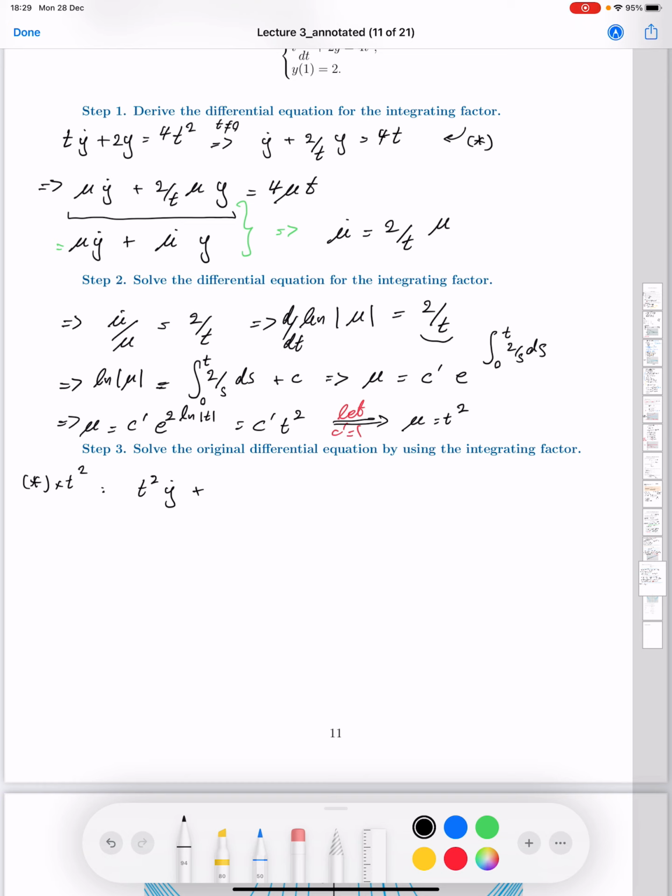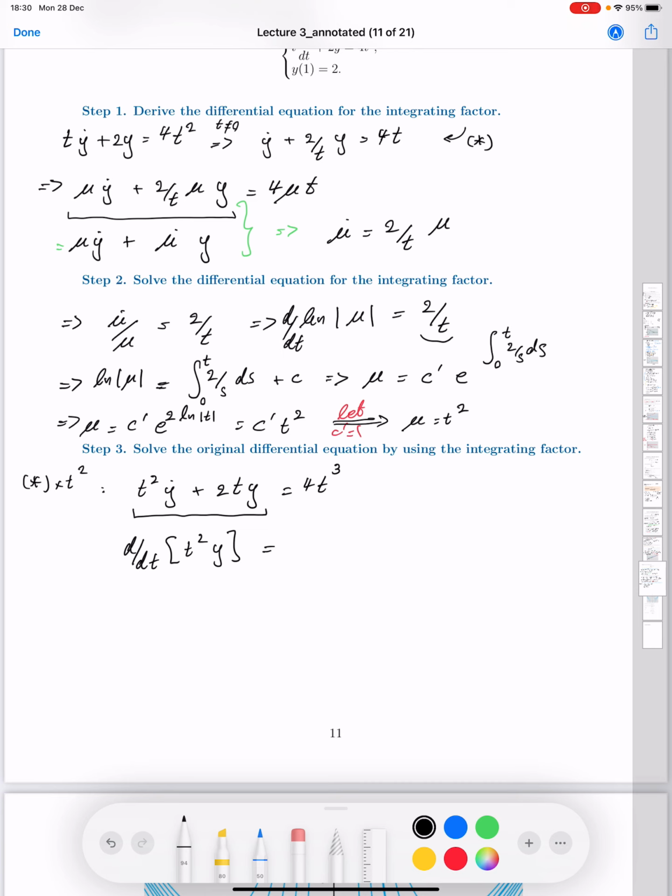The t squared and the 1 over t cancel out with this 2 divided by t, so I will just have 2 times t times y. It's nice to not have that 1 over t and have to deal with all those divisions by zero, at least for now. And then I will have 4t to the power of 3. Okay, and no need to say that this is what I was looking for, which is d/dt of t squared times y.